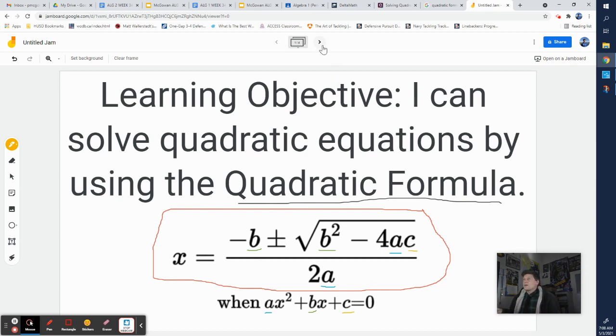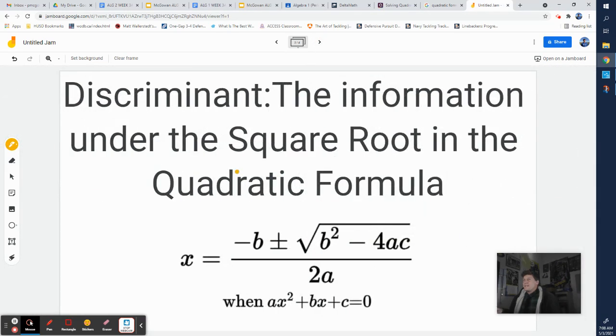First off, I want to talk about the discriminant. The discriminant is the stuff inside the square root inside of our quadratic formula. So this b squared minus 4ac. This is a very crucial piece of the quadratic formula because it tells you what kind of solutions you can have. If it's positive, you're going to have two solutions. If it's negative, you're going to have zero real solutions.